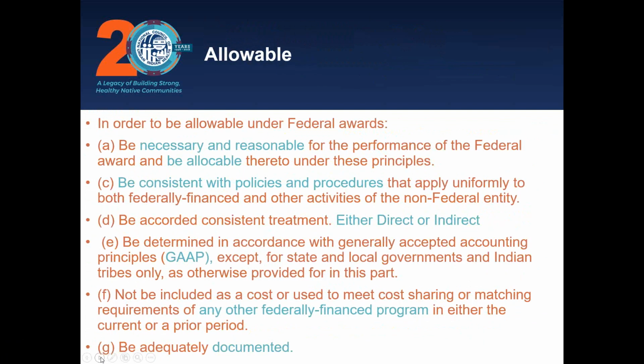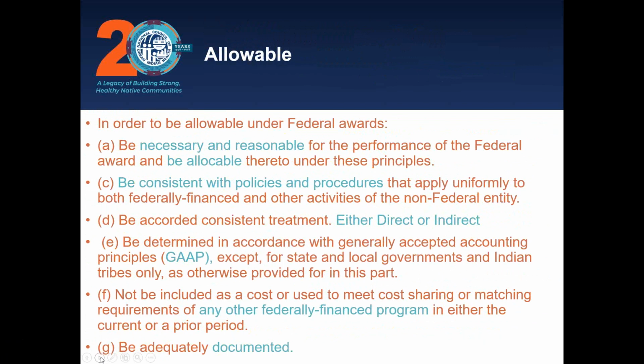Next one, please. So they're always saying, make sure that your costs are allowable, allocable, and reasonable. What is allowable? In order to have something that is allowable on the federal awards, it has to be necessary and reasonable. And we'll go into what reasonable is, because this is, again, exactly government speak. It has to be allocable.